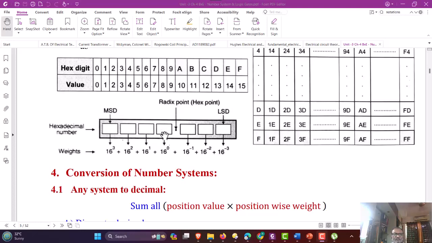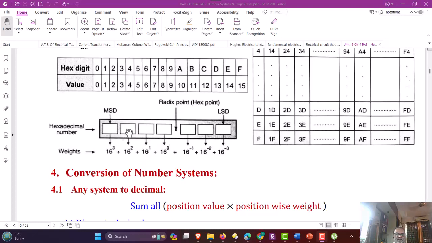Now, the position 0, that is the first position of the integer portion on the left-hand side of the radix point, is 16 to the power 0 because the base of the system is 16. The first position has the position value 16 raised to 1.